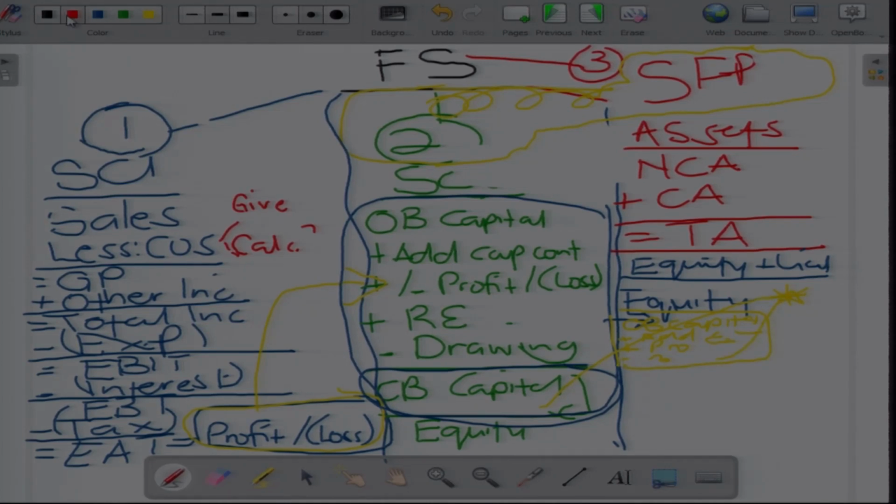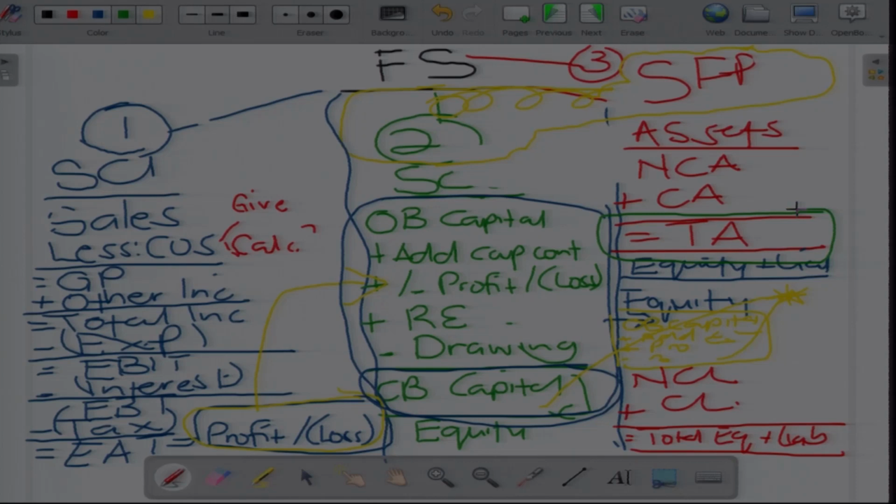And then you will say non-current liabilities plus current liabilities will give you total equity and liabilities. But for you to know if this statement is balancing, you will then have to make sure that this amount here, let's call this A, is equal to this amount here, which we will call B. Then it means that your statement is balancing.